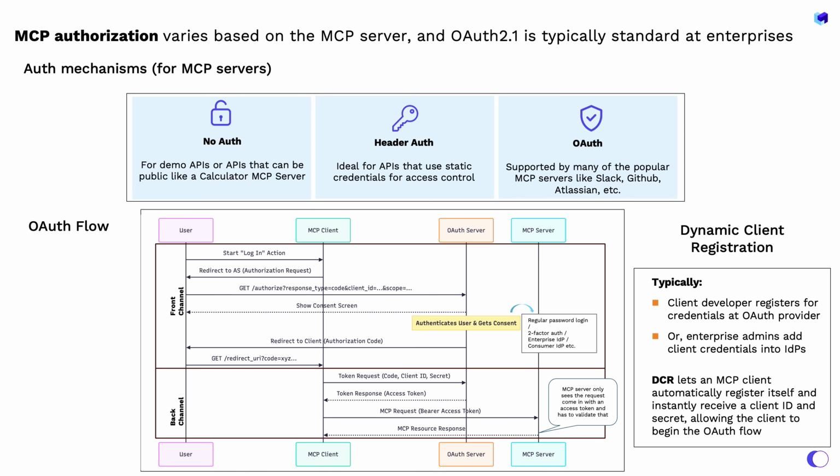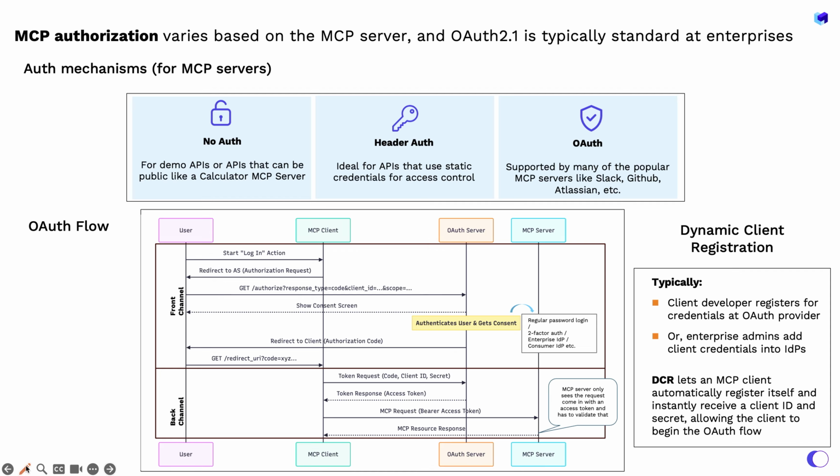Header auth is for static credential based MCP servers for access control. And OAuth is typically for MCP servers where you're exposing personal data of users like from Slack, GitHub, Atlassian, or you are exposing some proprietary data of your backend microservices where although the data is shared, you still want to have an OAuth layer on top of it for scoped authorization.